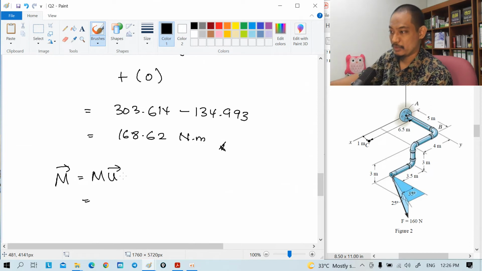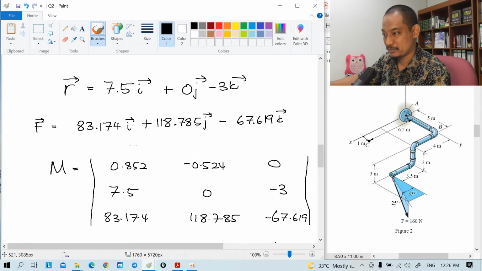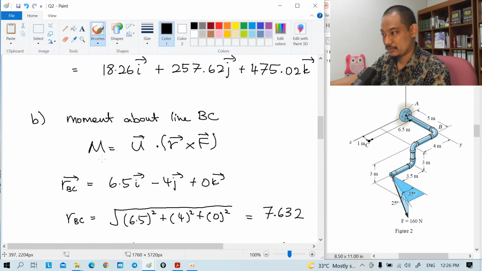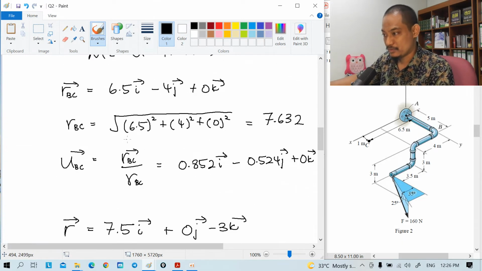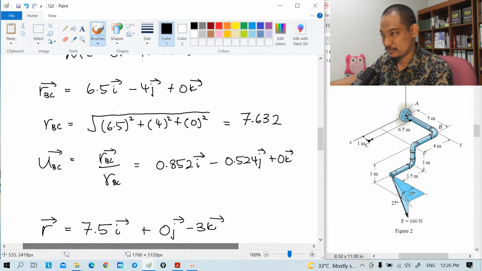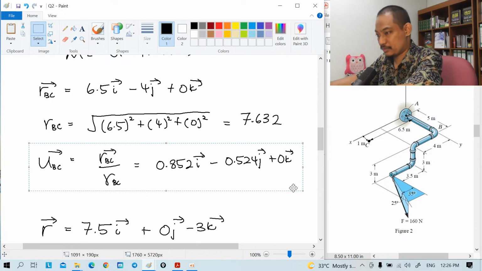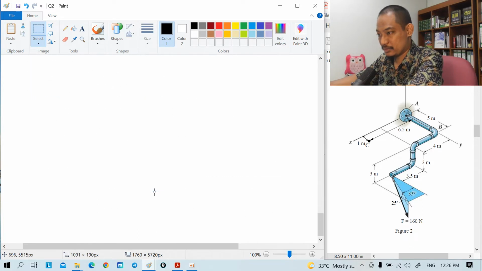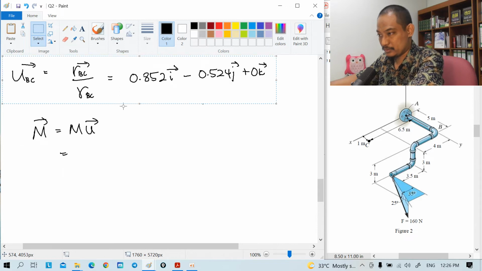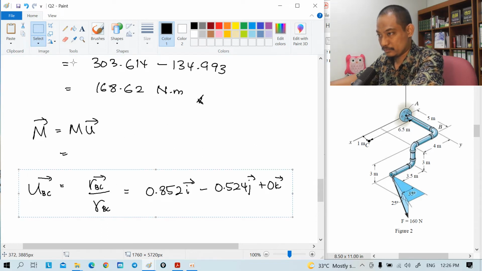So you have to multiply this 168 by the unit vector BC. Because of the unit vectors, I don't remember, so I'll copy this one and here.